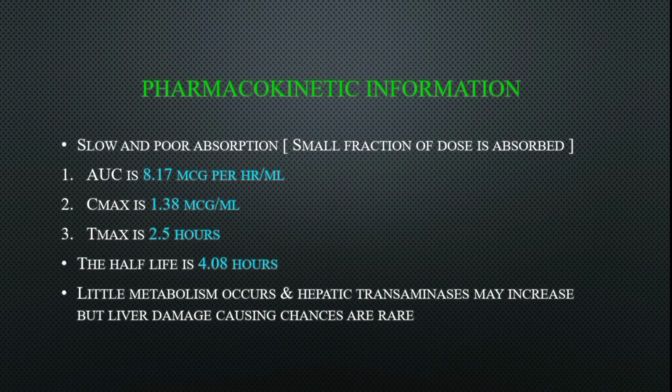Now coming to the pharmacokinetic information, it is a very slow and very poorly absorbable drug, and only a small fraction of the dose is absorbed. Its area under the concentration curve, AUC value, is 8.17 microgram per hour per ml. Cmax is the maximum concentration the drug reaches. Tmax is the time at which it reaches its maximum effect.